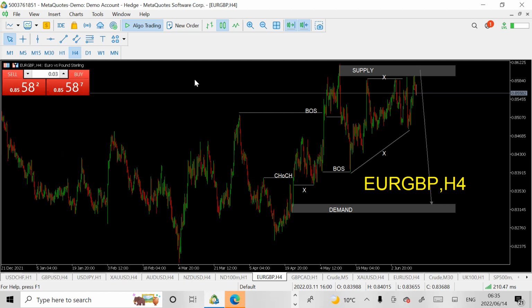There is a list of things when it comes to ICT, institutional trading, inner circle trading. This is a type of trading whereby we trade supply and demand, or order blocks. There are a few things that we need to follow, so you need to mark them down so that we can keep going through them each at a time.